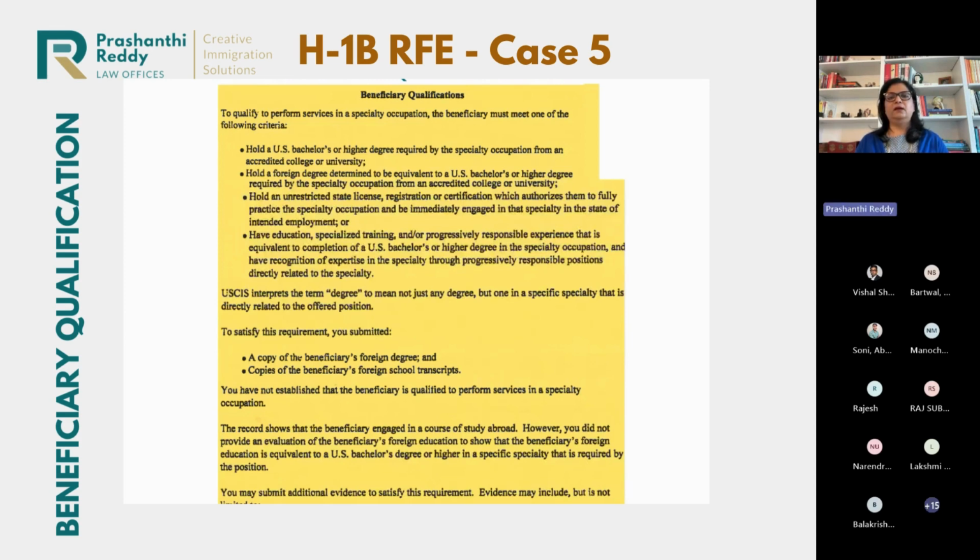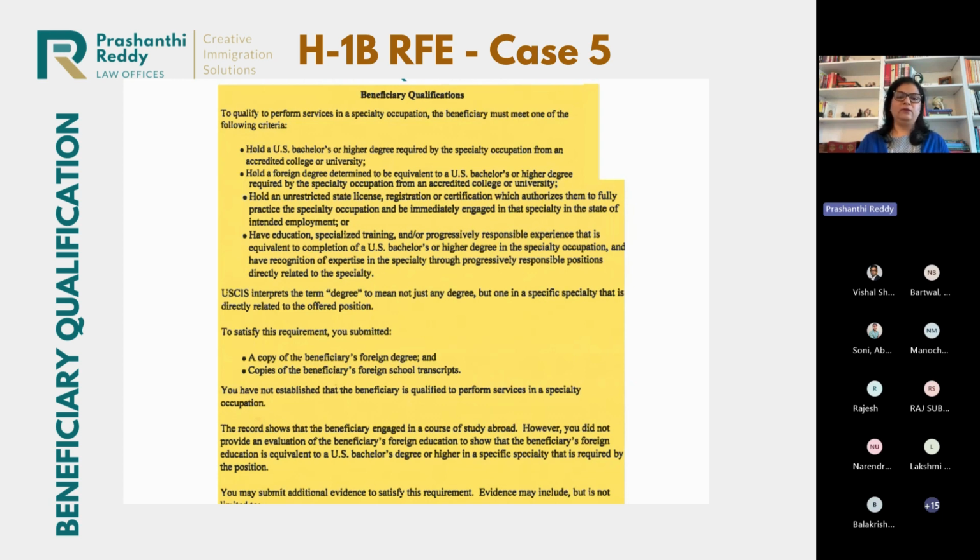Another common RFE that we get is beneficiary qualifications. As I was mentioning earlier when we were talking about specialty occupation, when the person has a foreign degree, they want either a copy of the US degree, or if it's a foreign degree, the second bullet point, hold a foreign degree determined to be equivalent to a US bachelor's degree required by the specialty occupation from an accredited college or university.